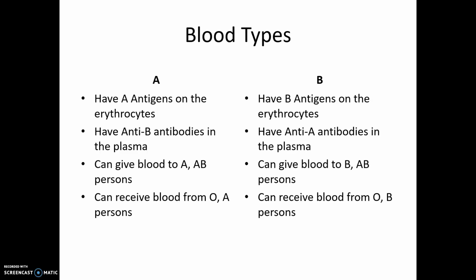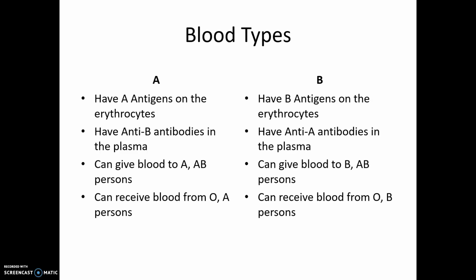They can give blood to a person with A blood or a person with AB blood. Those are the only 2 people that a person with blood type A can donate to. But they can receive blood from a person who has O blood or A blood. We'll talk about some of the individual differences. I know you're thinking, well, I'm AB positive. We'll talk about what that means in a minute.